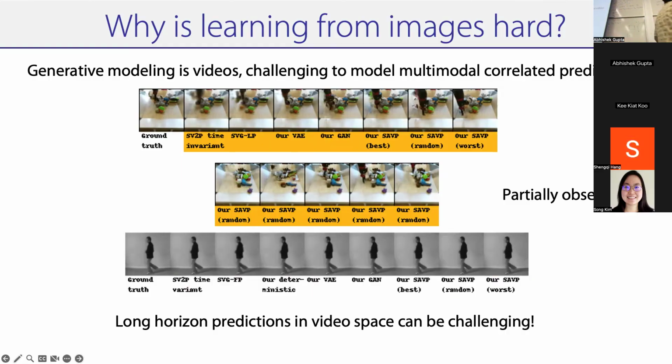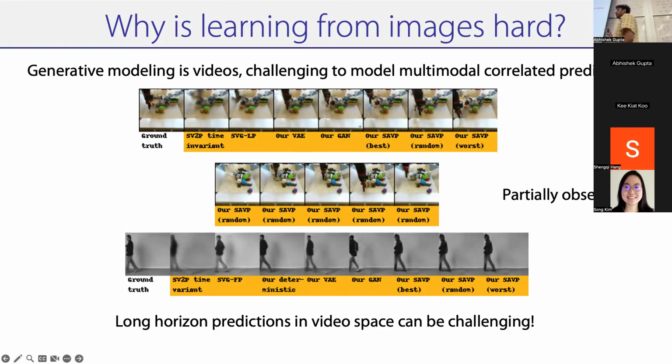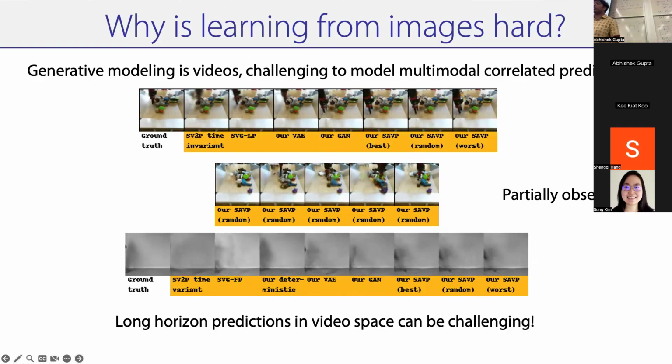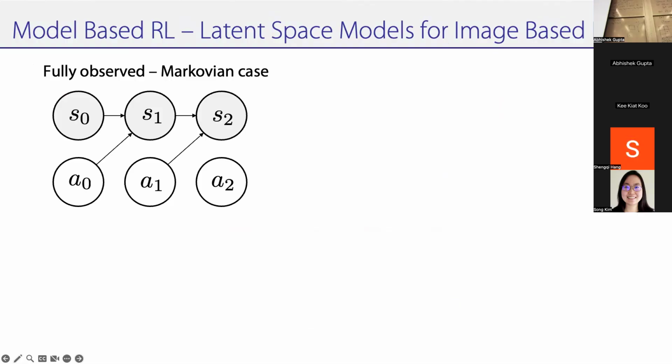The other thing is that with many of these video prediction models, especially with images, they're naturally partially observable. You don't see everything all the time, so you have to deal with partial observability. The key idea that folks have been using is that so far we've been thinking about a Markovian system where you're fully observed, you know the states, you're trying to predict the next states.